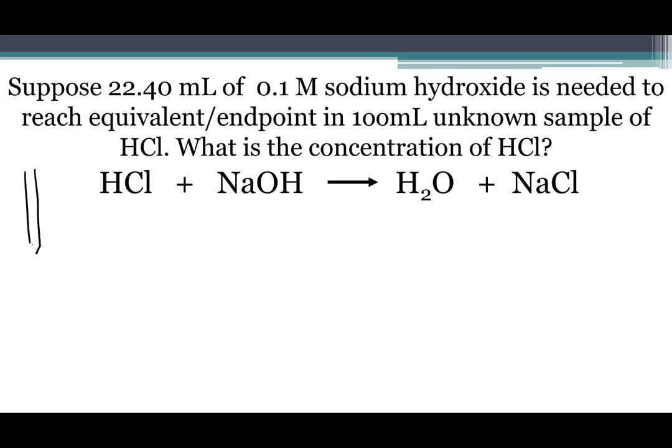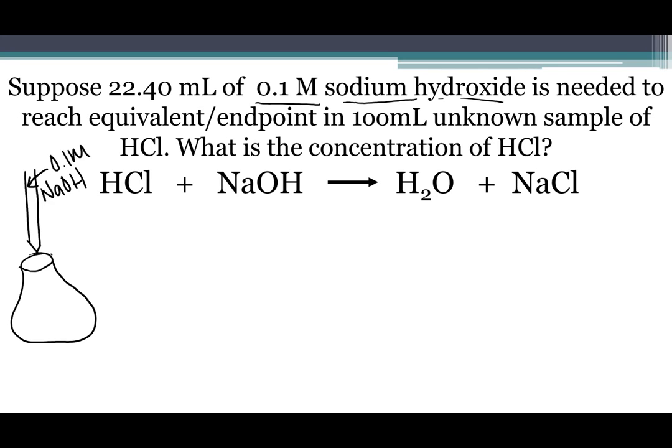So here's our burette. Here's our flask. In our burette is where our known goes. So 0.1 molar sodium hydroxide.